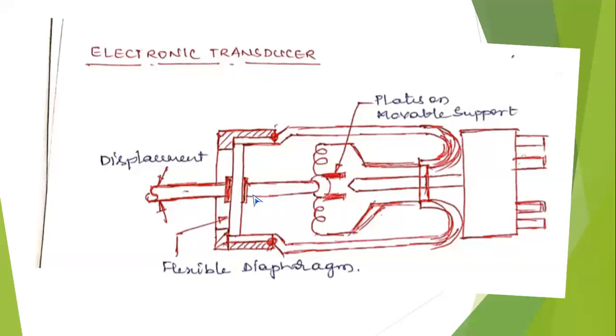At the other end of the flexible diaphragm, there is one more plunger which changes the electrical characteristics of the tungsten filament. In turn, the tungsten filament has two plates on the movable support. In between the 2 plates, there is a rod which receives the electrical current.